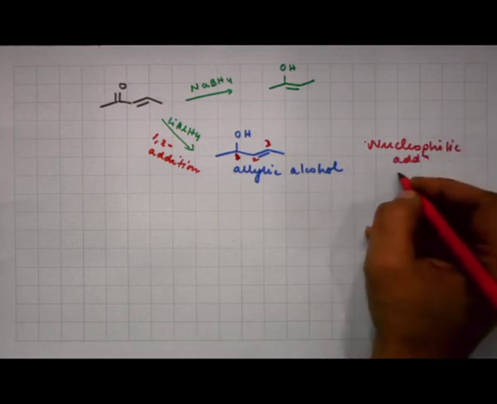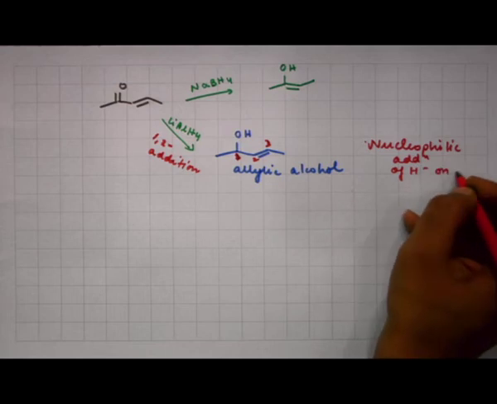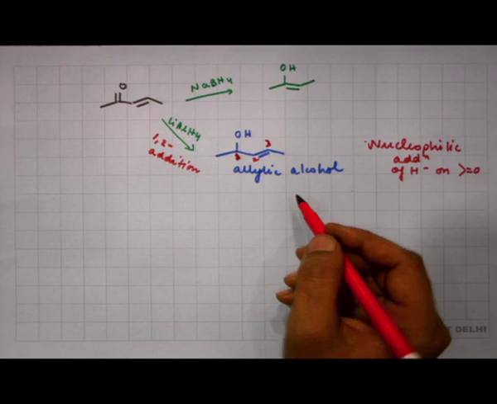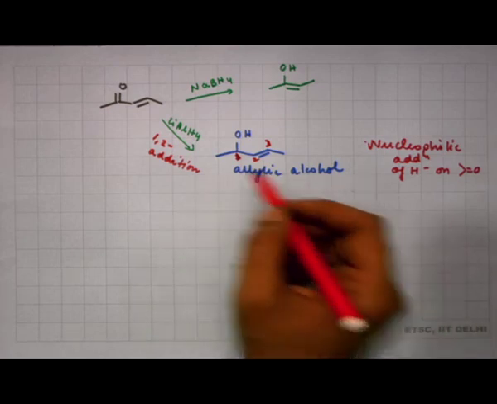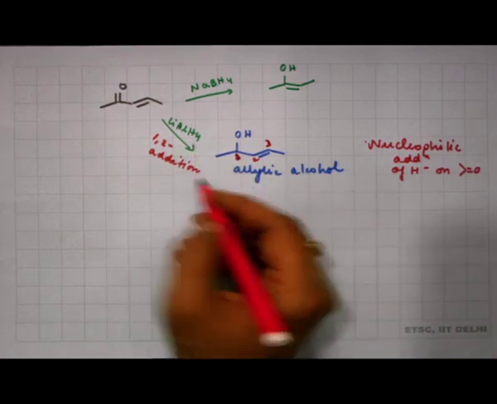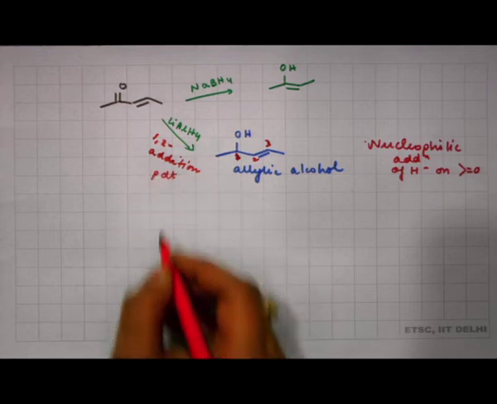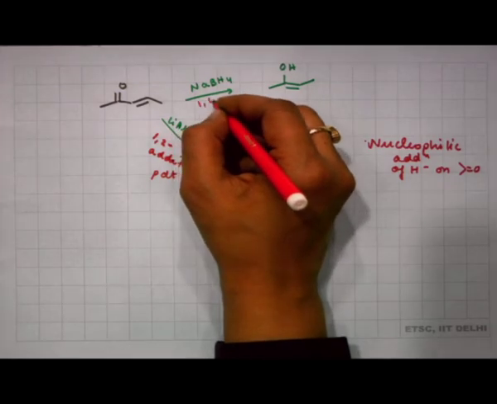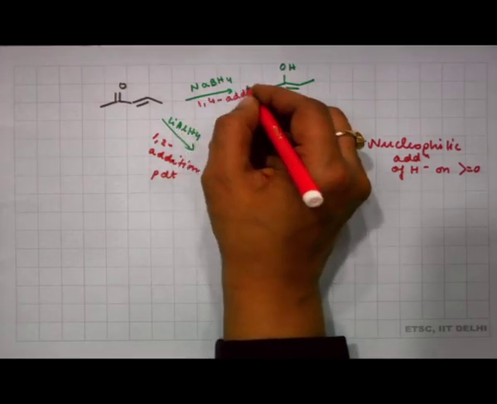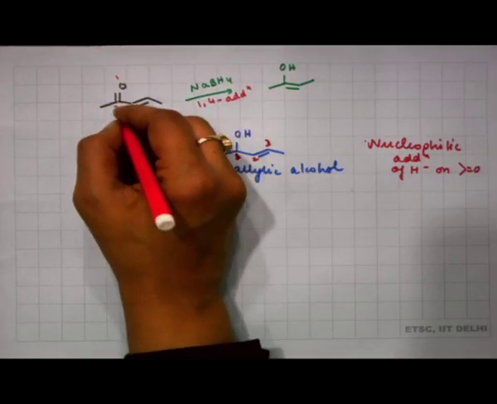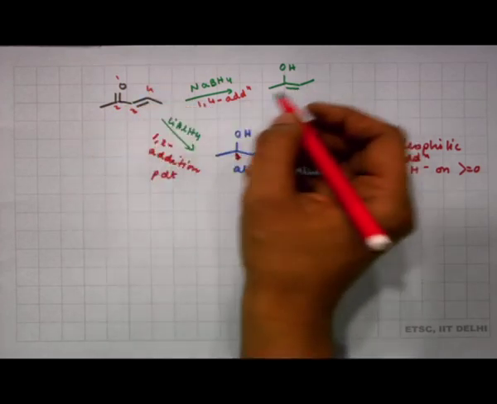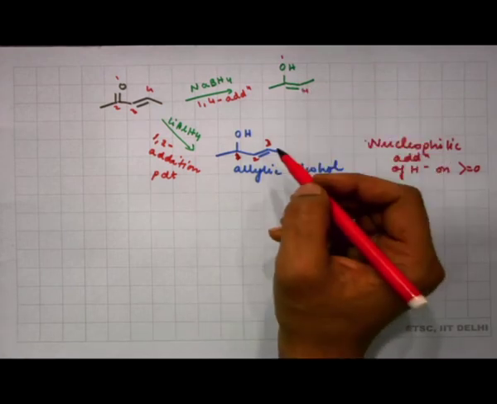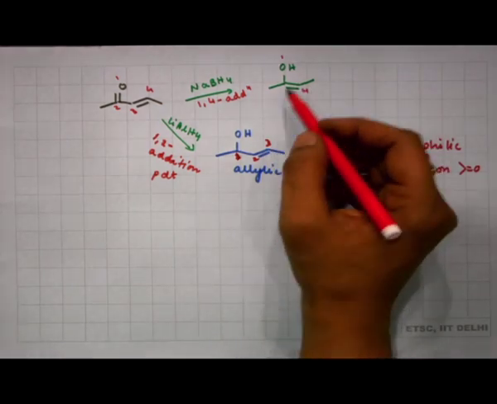So, your nucleophilic addition of hydride on the carbonyl is your reduction process with these mixed metal hydrides. In the case of lithium aluminum hydride, you get a 1,2 addition product, but when you do reduction with sodium borohydride, what you get is a 1,4 addition. Okay, so, if we just number it 1, 2, 3, 4, what you get here is a 1,4 addition product.